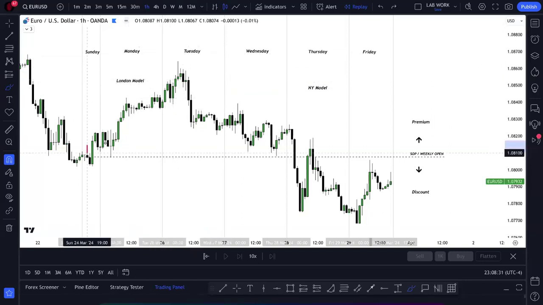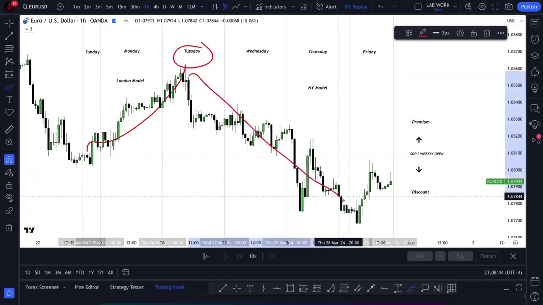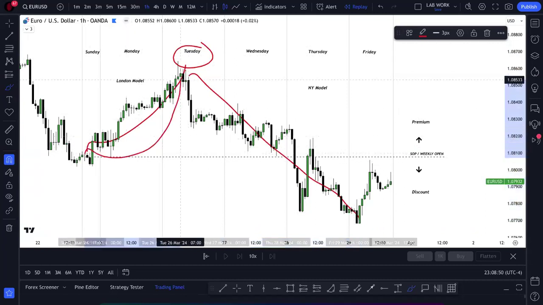So just looking at it, Tuesday makes the high of the week. Look at that. Out of all the days, Tuesday makes the high of the week. And then Thursday, well, actually, Thursday looks to make the low of the week, but instead we see Friday make a lower close. But we can see how it's running up. It gets a lot of traders to go long from Monday to Tuesday.